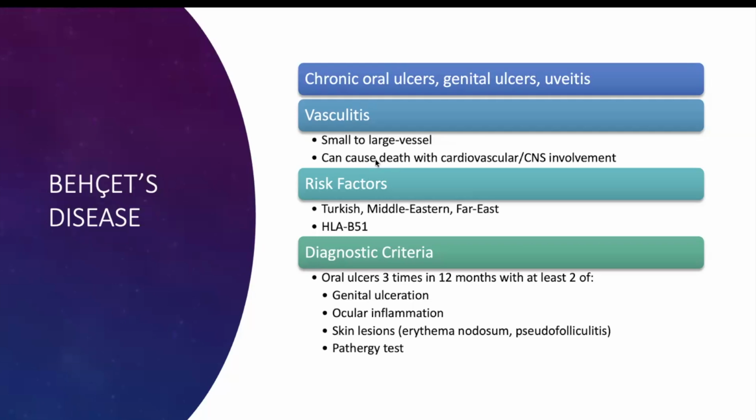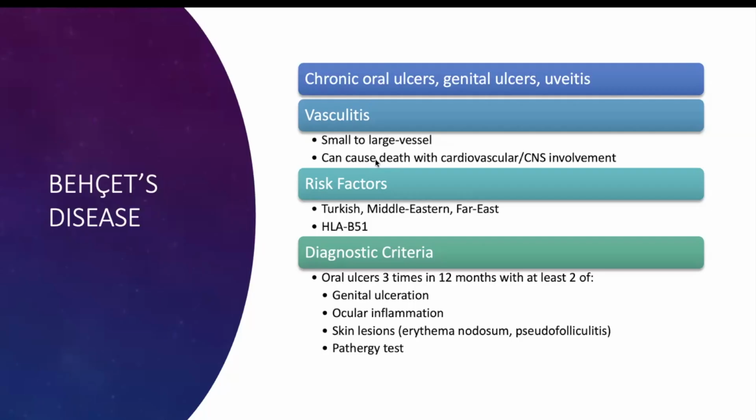Your main risk factors, so you're looking at the Mediterranean, Turkish, Middle Eastern populations. Potentially, there's a small subset of the population in the Far East as well, and it's quite strongly associated with HLA-B51. In terms of your predisposition from a gender point of view, that depends on the race that you've come from. There is a diagnostic criteria again.